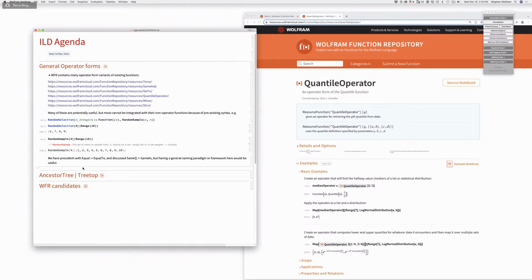Well, I suppose, but the issue is that we need both a postfix and a prefix form of it. What if I'm mapping same as Q of 2 over a big list to get a list of Booleans? Right. How would that work?